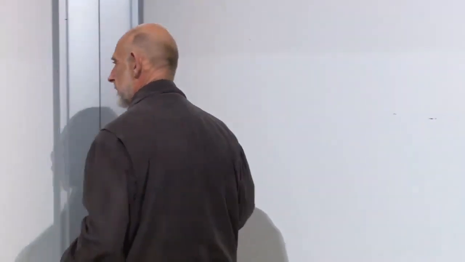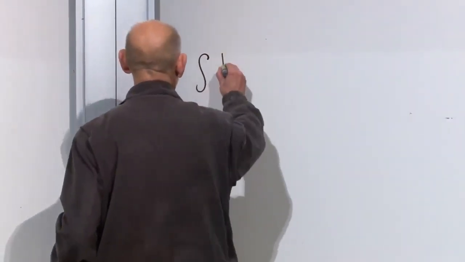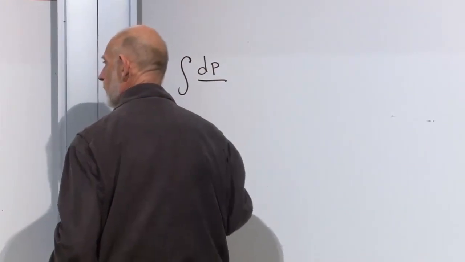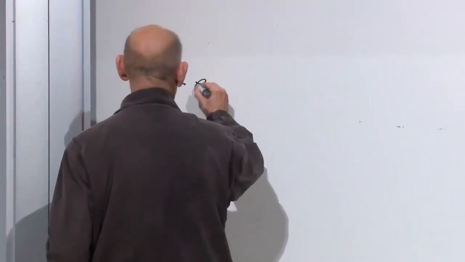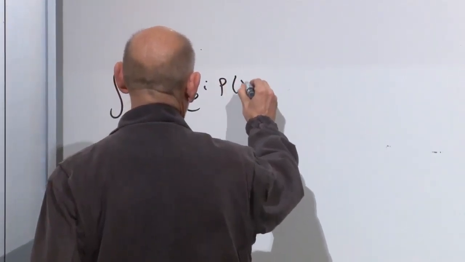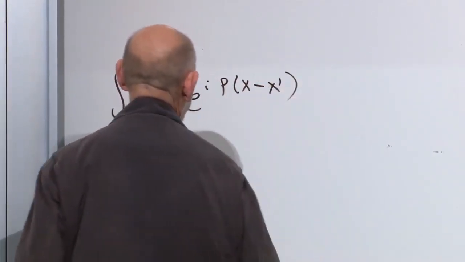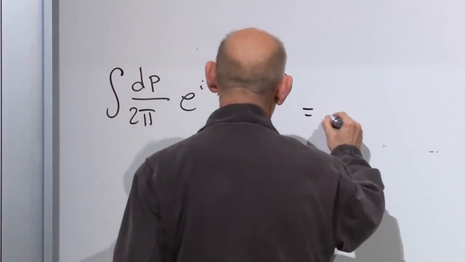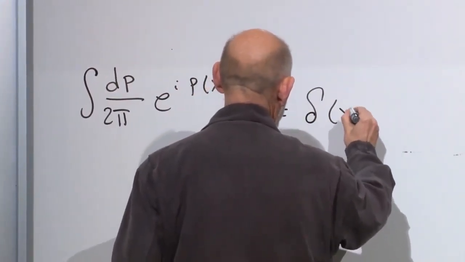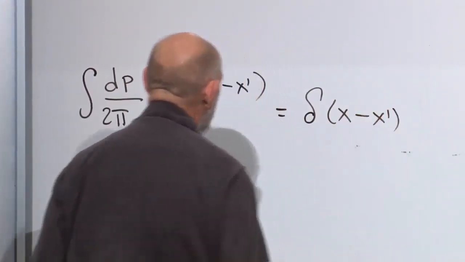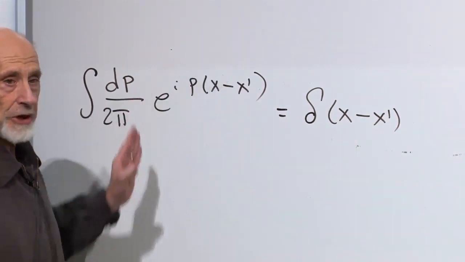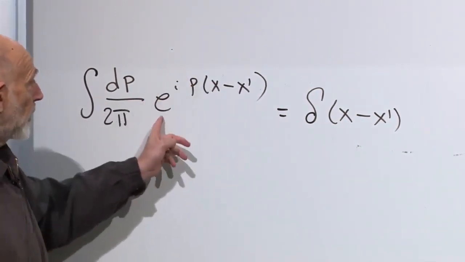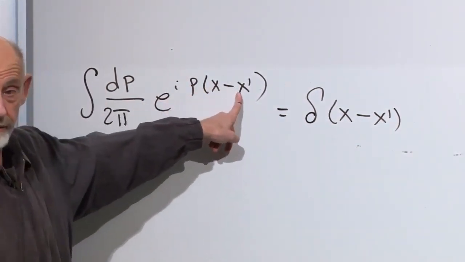Here it is: the integral dp over 2 pi e to the i p of x minus x prime is equal to delta of x minus x prime. In other words, a kind of screwball way of writing the delta function, by itself expressing it as a Fourier transform or a sum of plane waves.